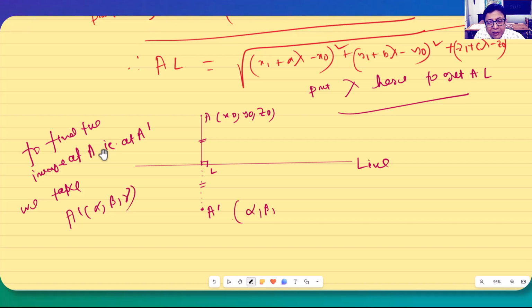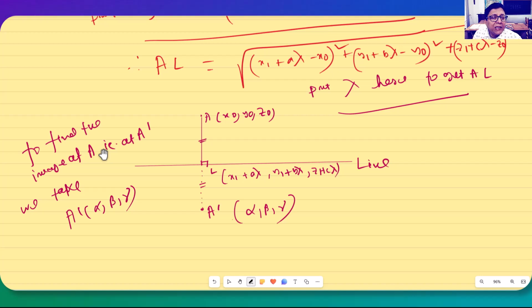So alpha, beta, gamma we take here, and L we have already got: x1 plus A lambda, y1 plus B lambda, z1 plus C lambda.